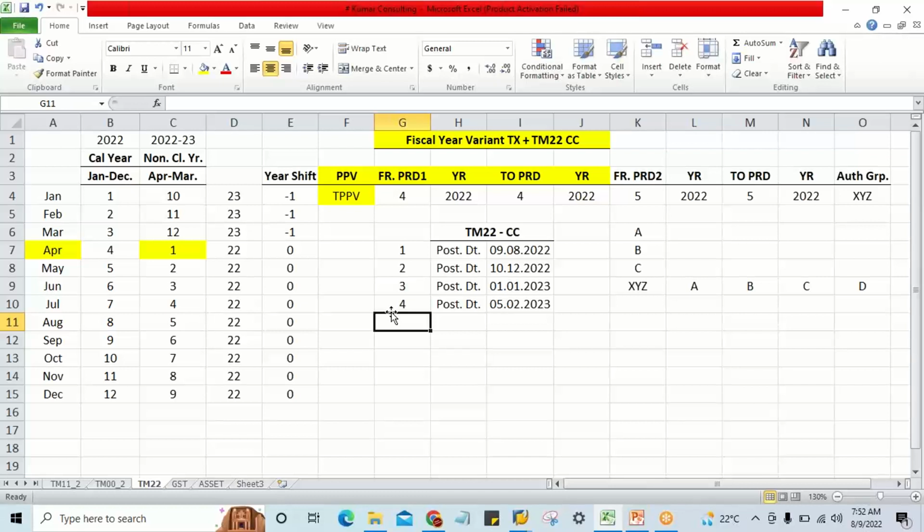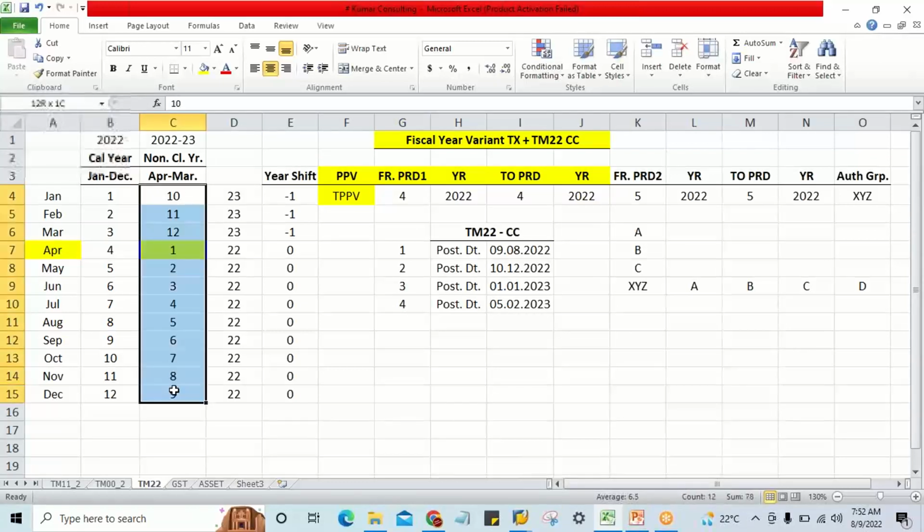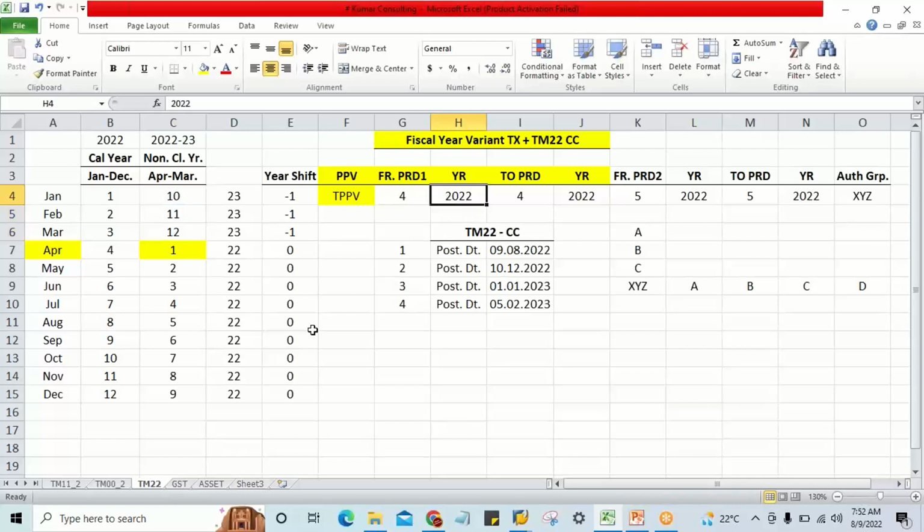When they face the interview, people start asking questions in the form of scenarios, right? Now here they will say, let's suppose I'm going to use April to March. Certain 3 periods are falling in the next financial year, whereas in posting period variant, January, February, March are falling in the next calendar year, 23.